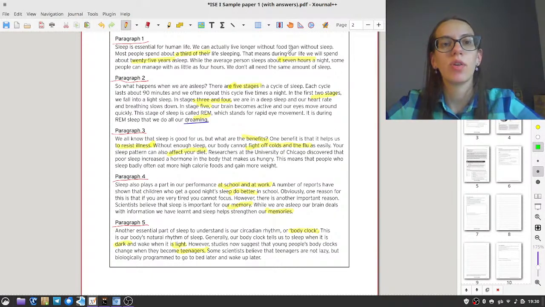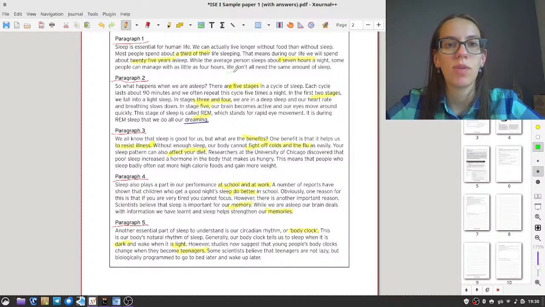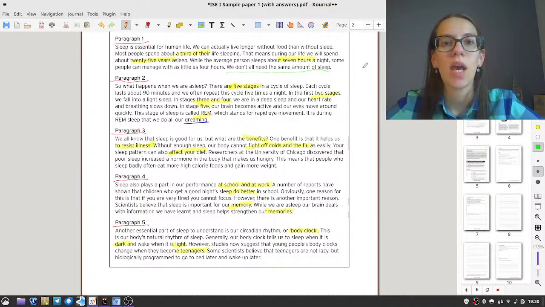So let's have a look at paragraph 1. Do we have any information here on this topic? In fact, if you look closely, you can find this information here. We don't all need the same amount of sleep.